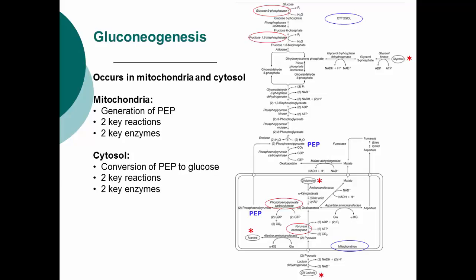And if the precursor is glycerol, you only see the two bypass reactions in the cytosol, and no required reaction in the mitochondria. So the pathway could be different depending on which precursor is used for gluconeogenesis.